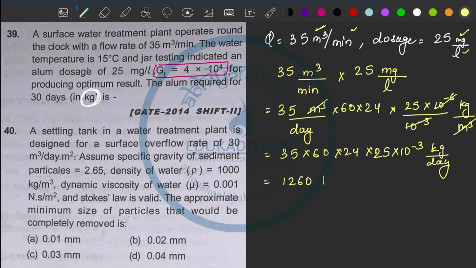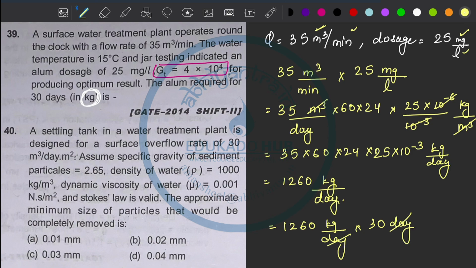1260 kg per day. This is for one day, and if I multiply it by 30, so for 30 days it will be 1260 kg per day into 30 days.